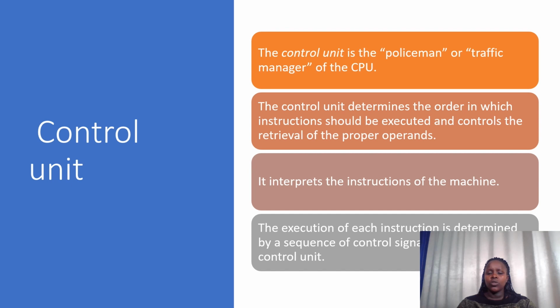The execution of each instruction is determined by a sequence of control signals generated by the control unit. It works by sending control signals to show which instruction and what the purpose of this instruction is.